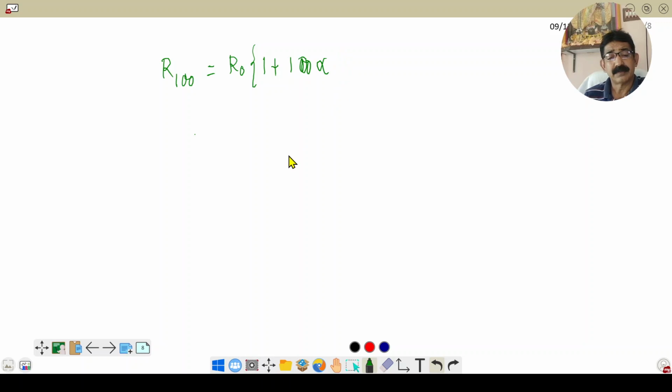RT, where T is the temperature of the unknown bath, is equal to R naught into (1 plus T into alpha). These are two equations, equation number 1 and equation number 2.